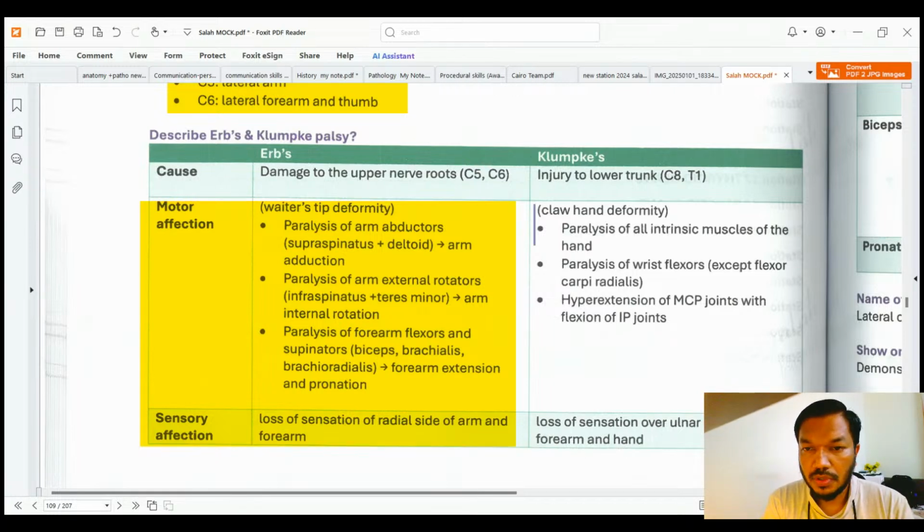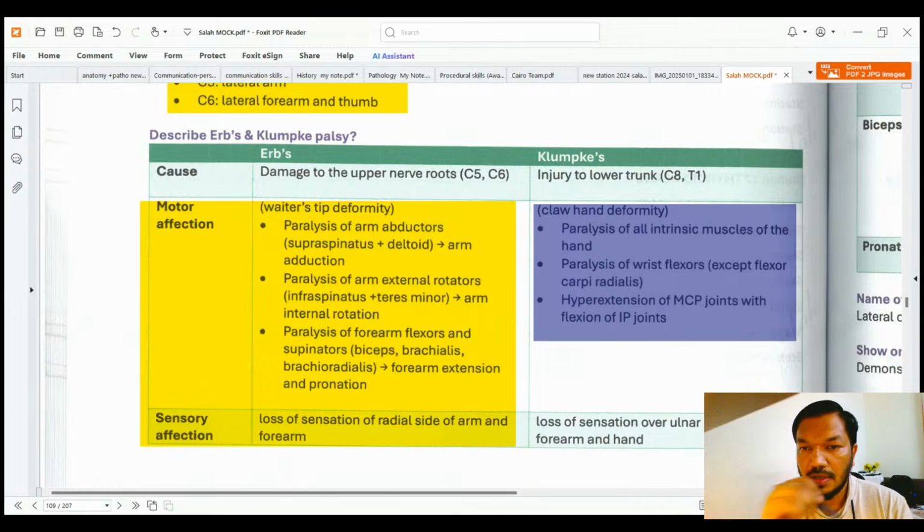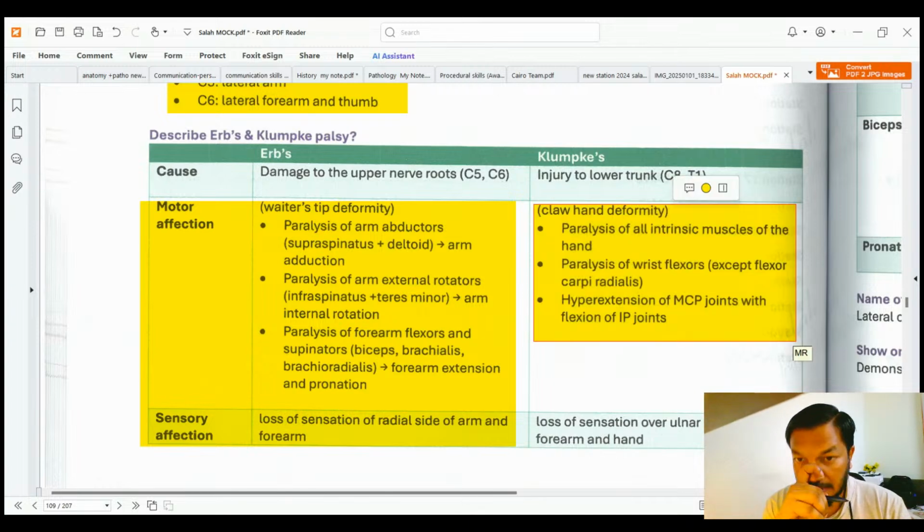Paralysis of all the intrinsic muscles of the hand and the wrist flexors, and hyperextension of the metacarpophalangeal joints, and loss of sensation over the ulnar border of the forearm and hand.